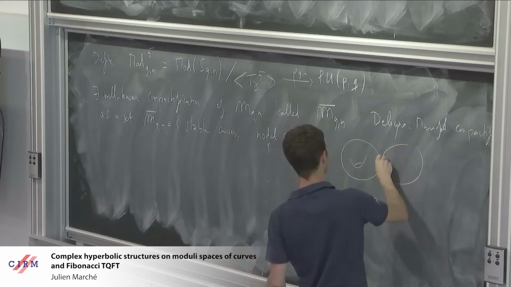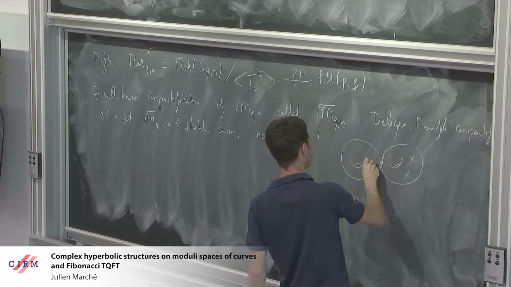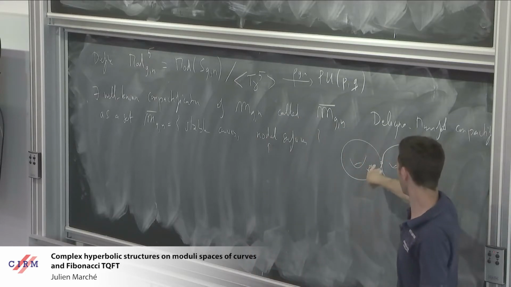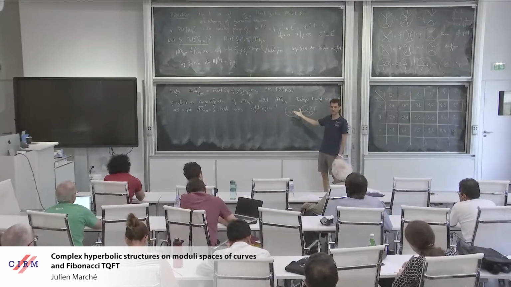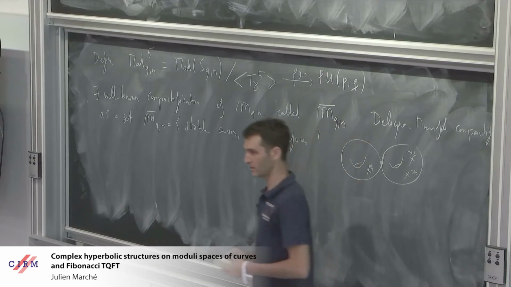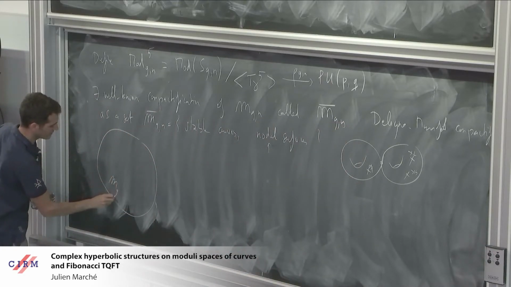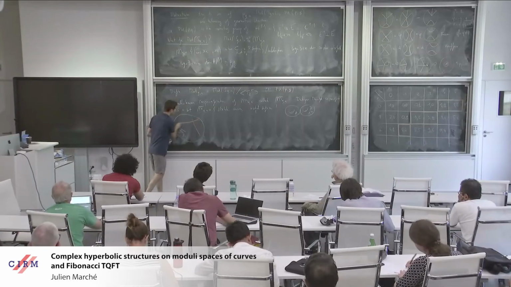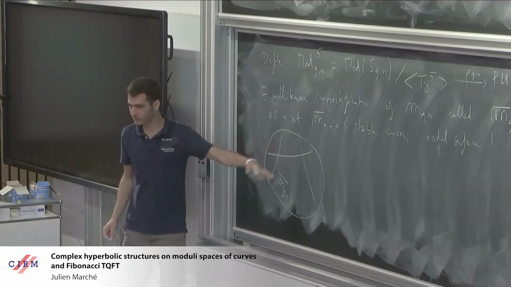You can glue two tori along one point, and this is not a smooth Riemann surface, but it's some point that you add to compactify your space. If I make a silly picture of the moduli space, this is M_{g,n} bar. M_{g,n} bar is compact, and what you get at the boundary is a union of what we call divisors.